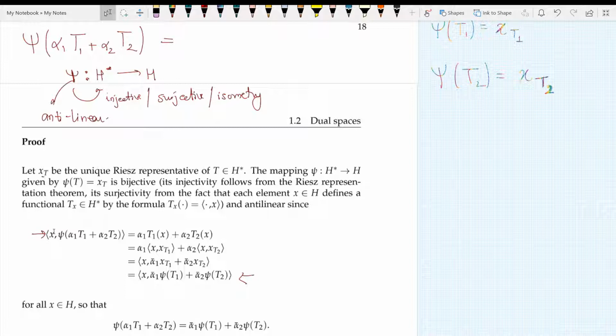So let x_t be the unique Riesz representation of t belonging to H star, as we saw in the previous video. By Riesz representation, I mean that t of x is equal to the inner product of x with x_t.